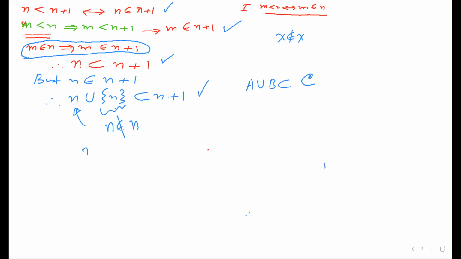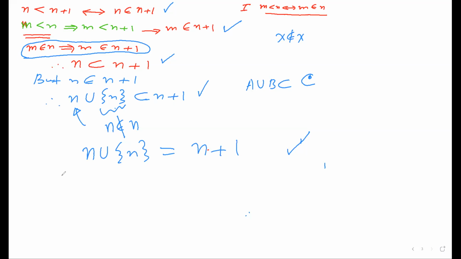Watch this. N union n equals n plus 1. And that is our definition of the natural numbers. We still haven't proved that they exist, but this is a start and where we can end today soon. So let us construct. Let us see what all this means.